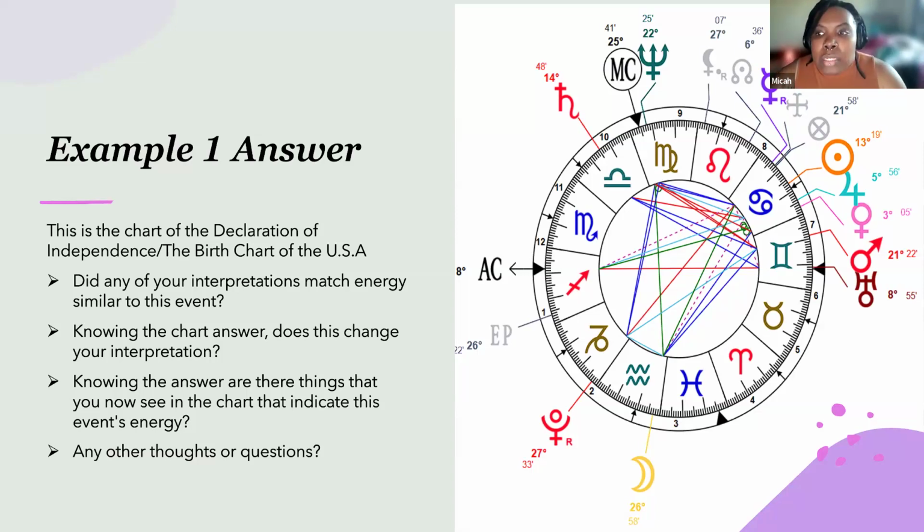From the Mercury retrograde to reevaluating and maybe even drawing up a literal piece of paper saying this is a contract, this is what we are setting up for ourselves, to be taken away from another country, to have our own independence and birthing a new country. We can see all of that through the birth chart.